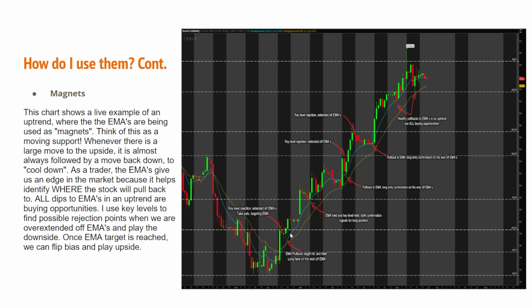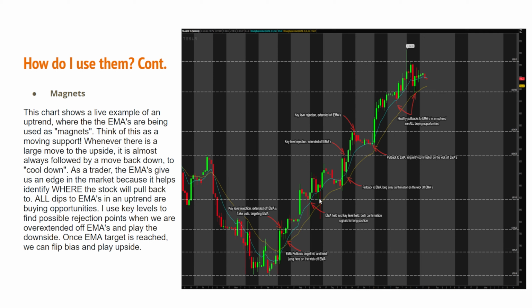What this means is whenever price is overextended, your EMA magnet is going to pull price back towards it. It has to cool down. So when it pulls price back towards your EMA, when it is in the general area of your EMAs or touches an EMA, you can take longs here, targeting your previous highs. You can see how every single time it comes down into your EMA area, you can take these longs pretty safely.